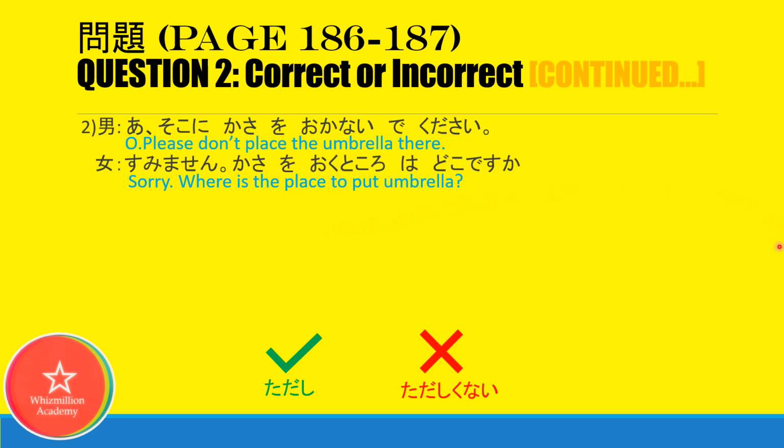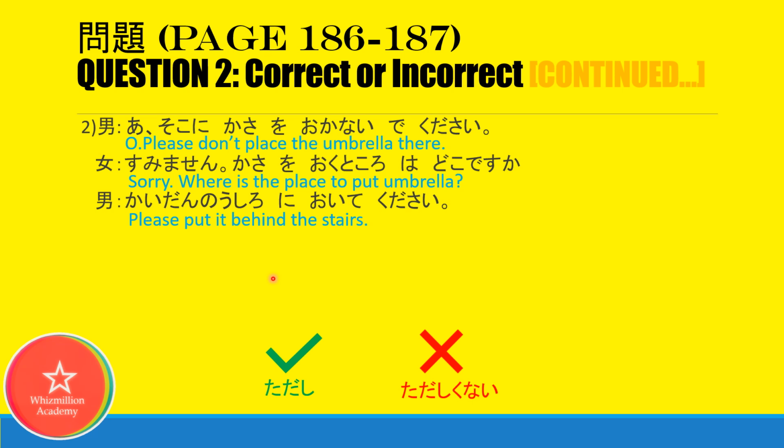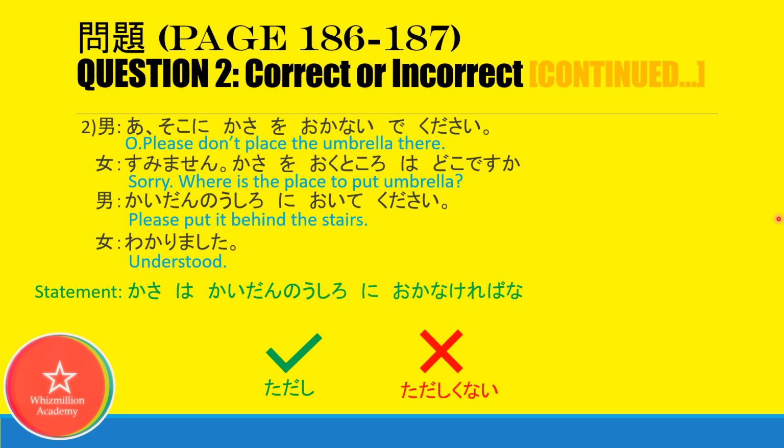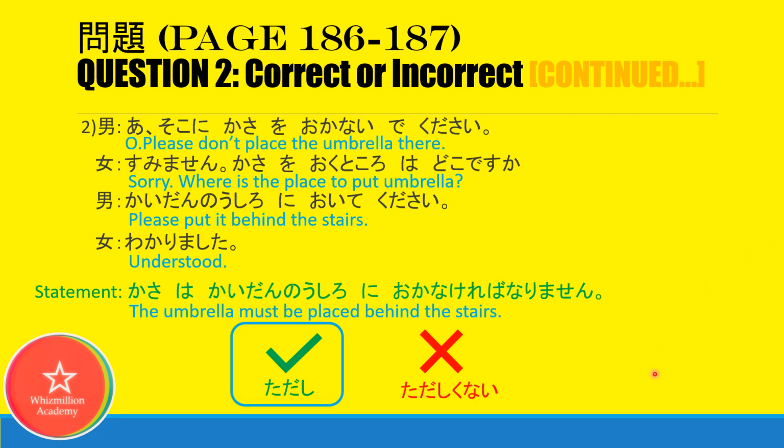Sorry, where is the place to put umbrella? 男の人。階段の後ろに置いてください。Please put it behind the stairs. 女の人、わかりました。Understood. The statement is 傘は階段の後ろに置かなければなりません。The umbrella must be placed behind the stairs. So the statement is tadashi or tadashikunai? Tadashi.